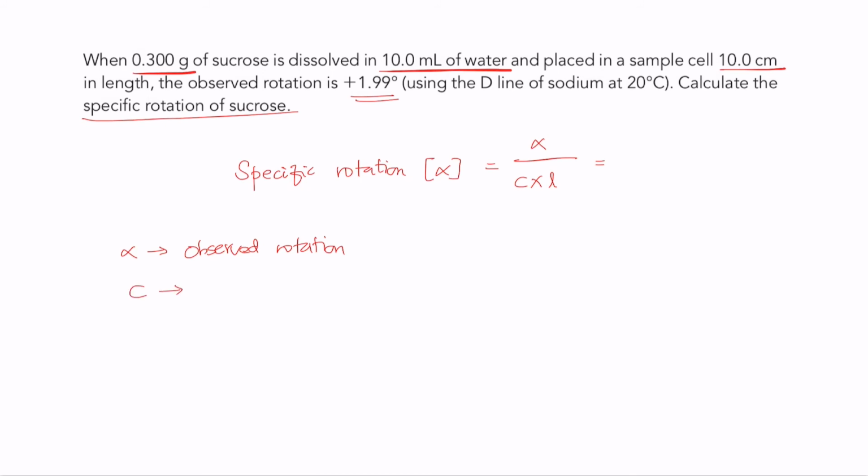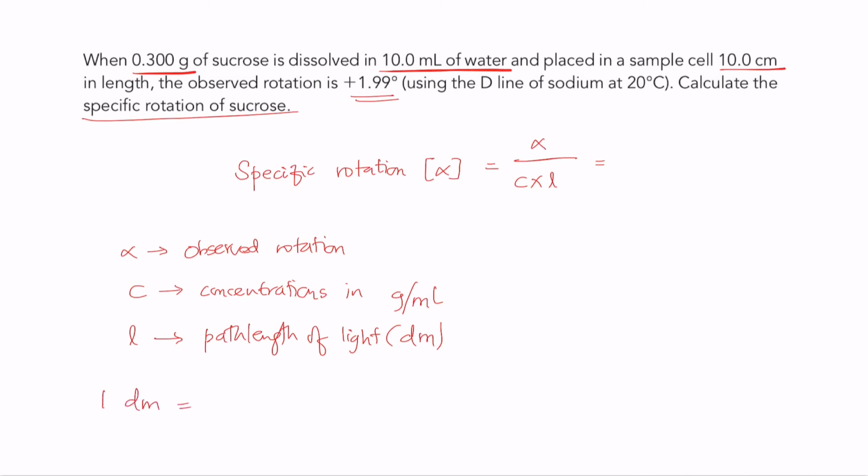C is the concentration in gram per ml. And the last one is L, the path length of light, generally measured in decimeters. So what is 1 decimeter? 1 decimeter is 10 to the power negative 1 meter, so 1 decimeter is 10 centimeters.